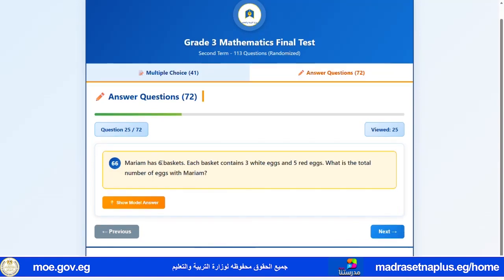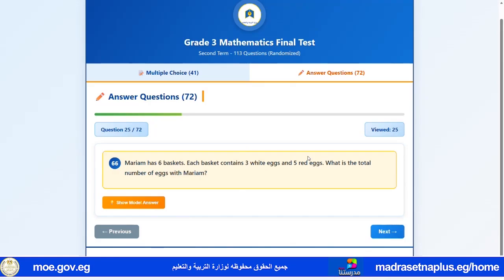Let's take 6 baskets. Each basket contains 3 white eggs and 5 red eggs. You should think about the total number of eggs Maria has.